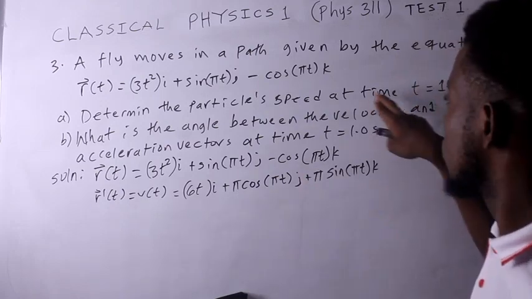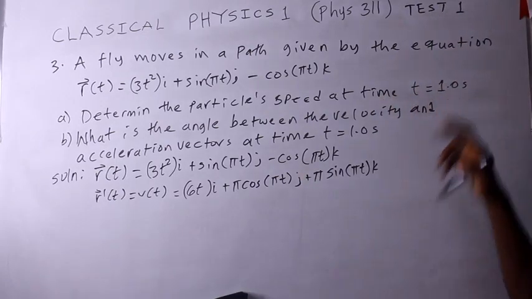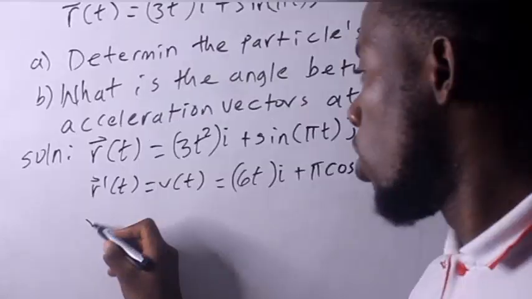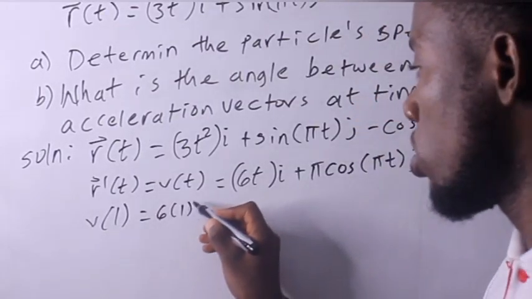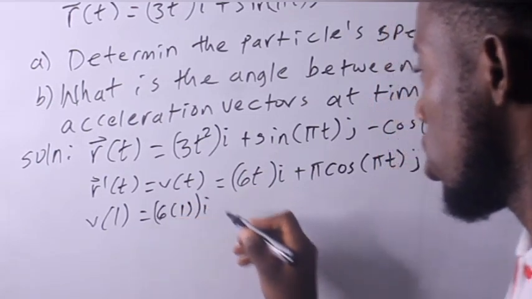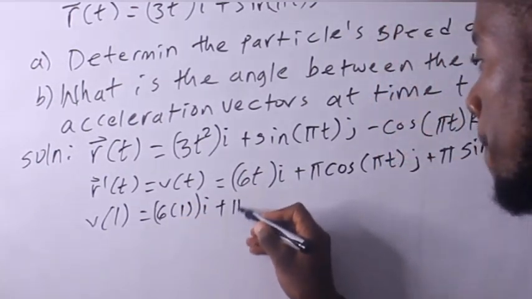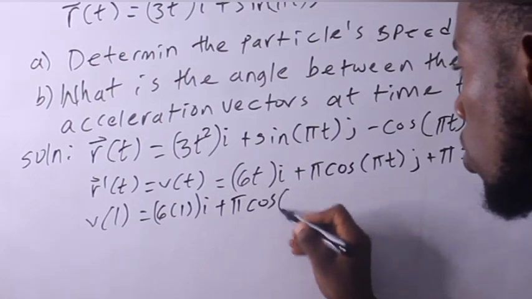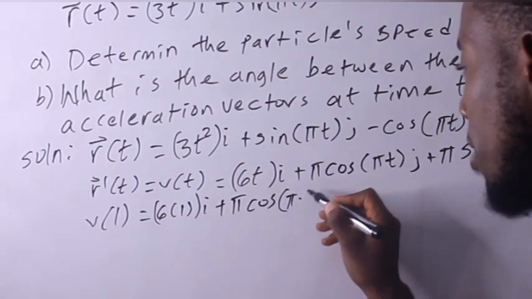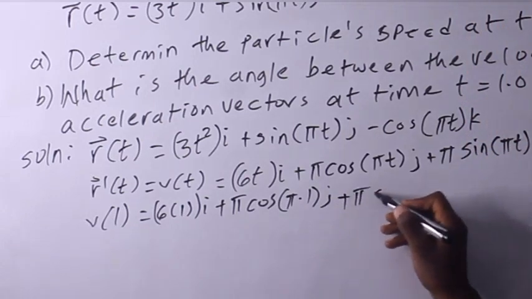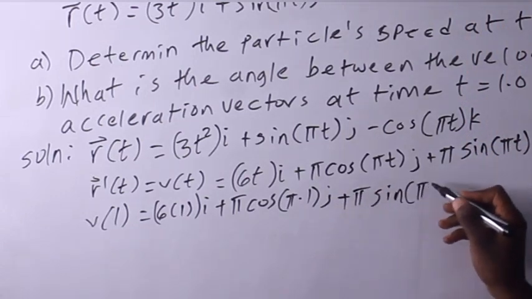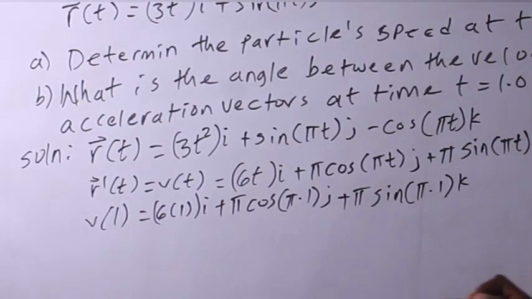So let's find the particle's velocity at time t equal to 1 second. So v of 1 is equal to 6 times 1 in the i direction plus pi cos of pi times 1 in the j direction plus pi sine of pi times 1 in the k direction.